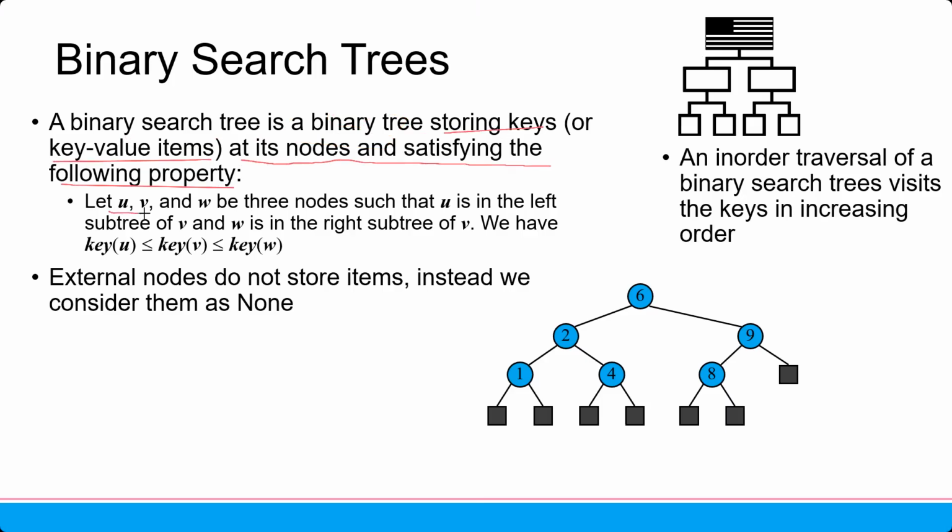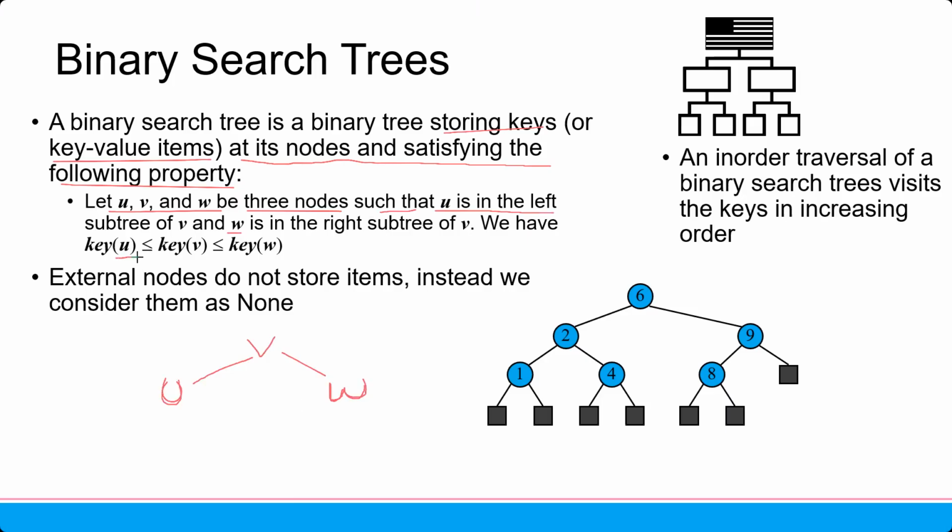U, V, and W are three nodes such that U is in the left subtree of V, and W is in the right subtree of V. So we have U, we have W. This is on the left, this is on the right.